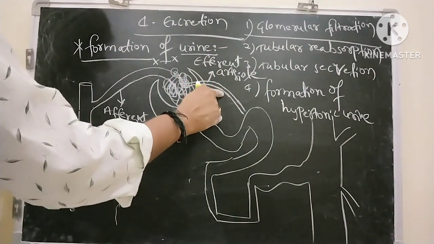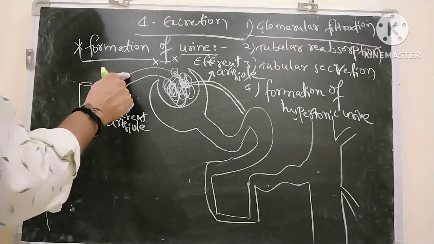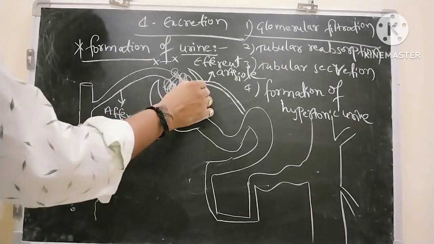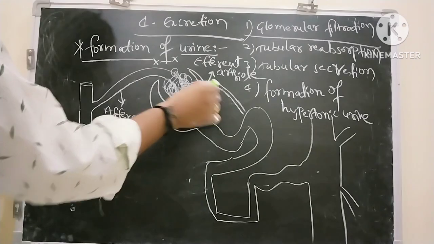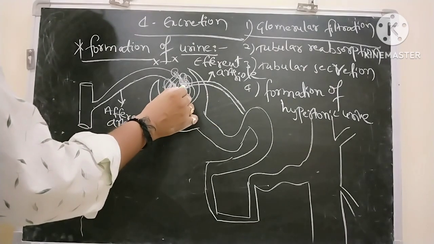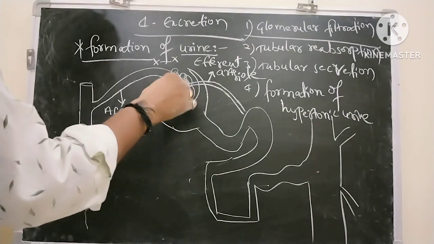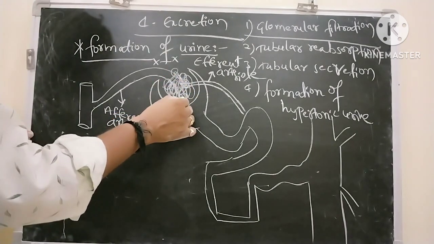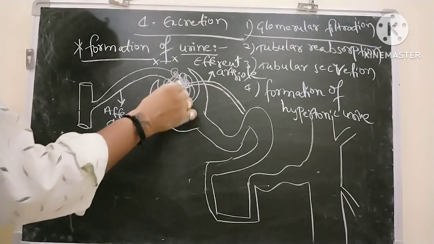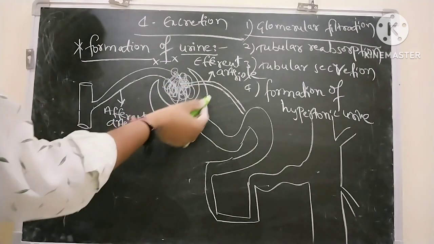See, because of the narrow outlet here, it takes more time for the blood to pass through it, and as a result filtration occurs here, because of the pressure.